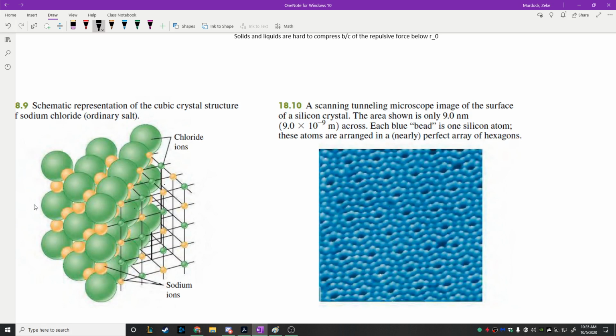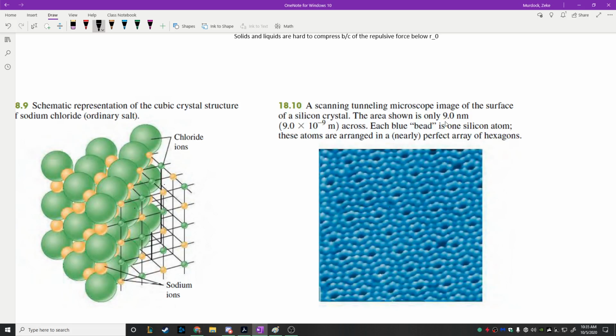So this is a model. It's not a real atom. This is a scanning tunneling microscope image of the surface of a silicon crystal. So this here is silicon. The silicon atoms are definitely not really blue. They've been colored in this picture. I'm pretty sure a scanning tunneling microscope always gives you gray images.